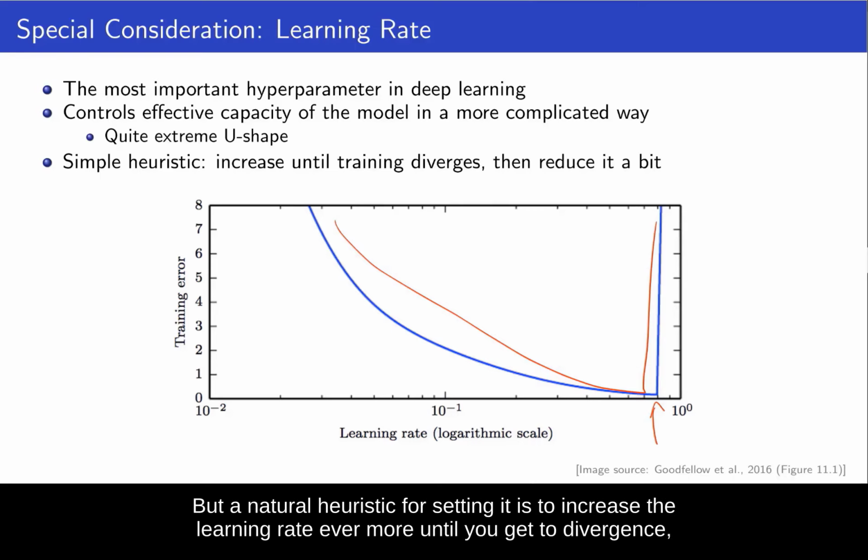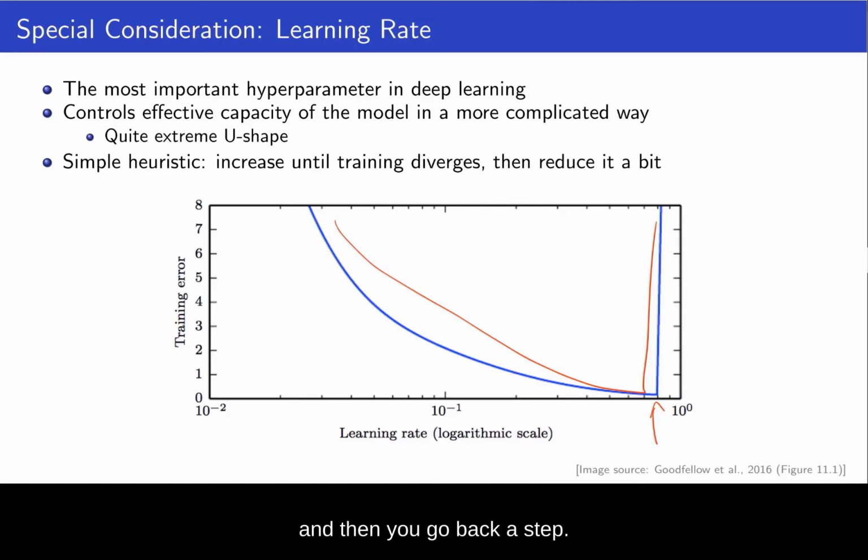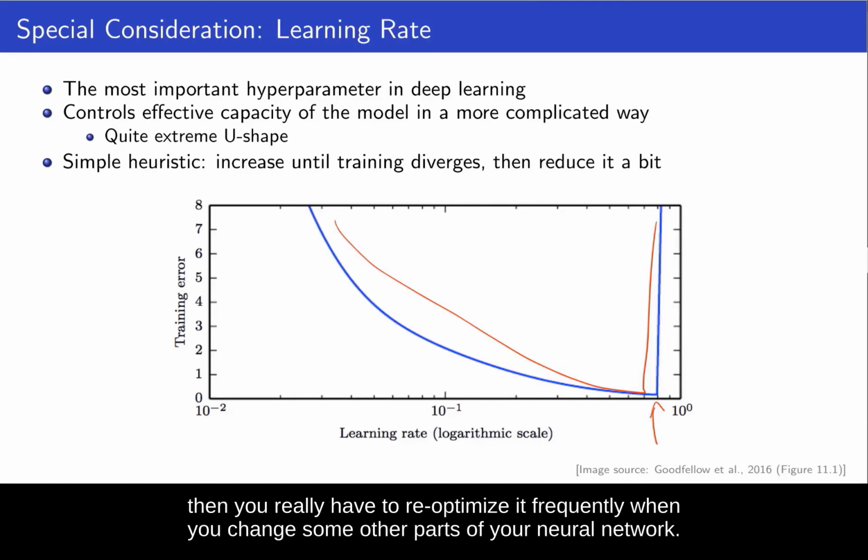But a natural heuristic for setting it is to increase the learning rate ever more until you get to divergence, and then you go back a step. But especially if you set it too close to the divergence zone, then you have to re-optimize it frequently when you change some other parts of your neural network.